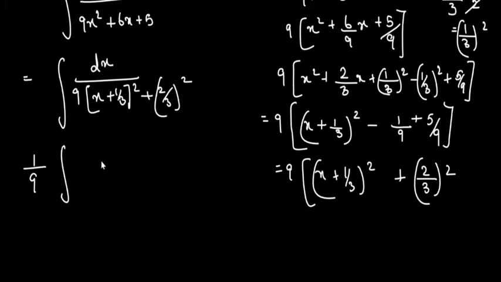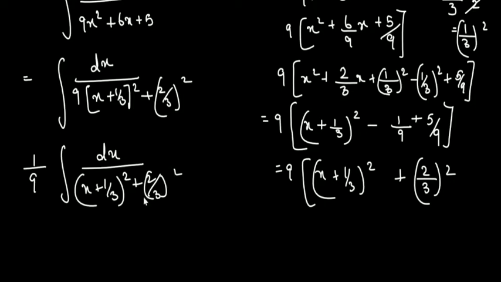Again, now use the formula. What is the formula here? The x square plus a square formula: dx by x square plus a square is 1 by a tan inverse x by a.